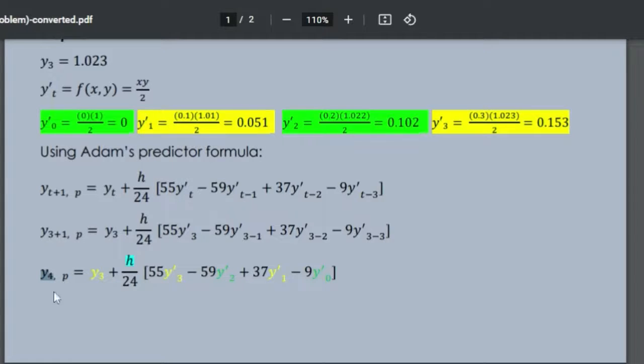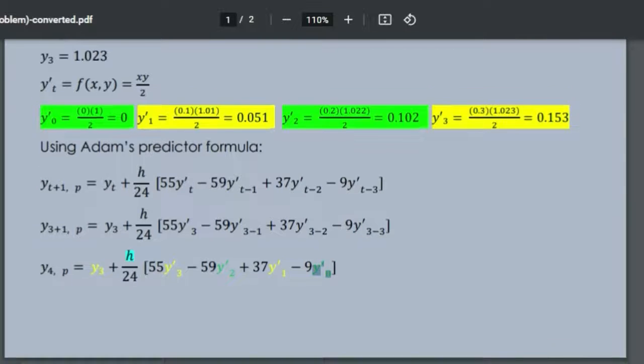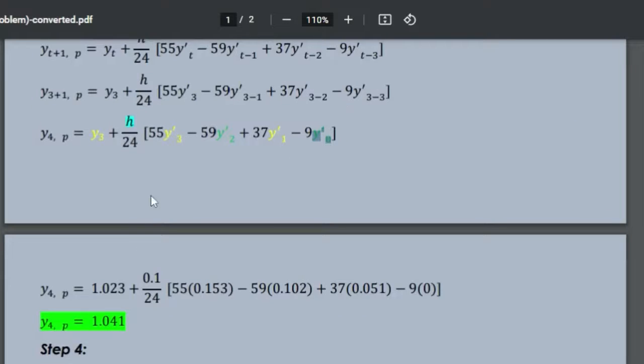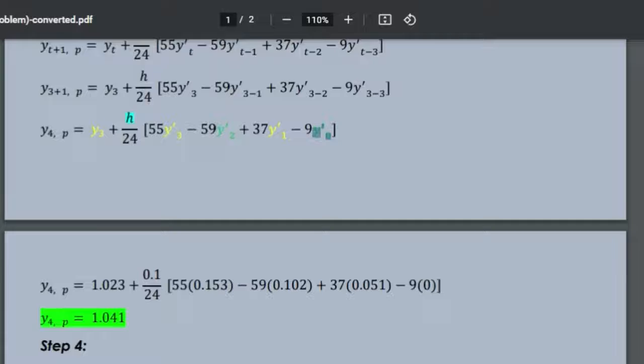Here, y prime sub 3 we just copy. Then y prime sub 3 minus 1 is y prime sub 2. Then y prime sub 3 minus 2 is y prime sub 1. Then y prime sub 3 minus 3 is y prime sub 0.